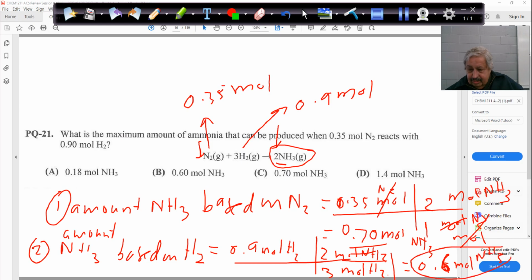So this is 0.6 for ammonia. The other one is 0.7. So what's the maximum going to be? The answer is C. Correct? That's the maximum.